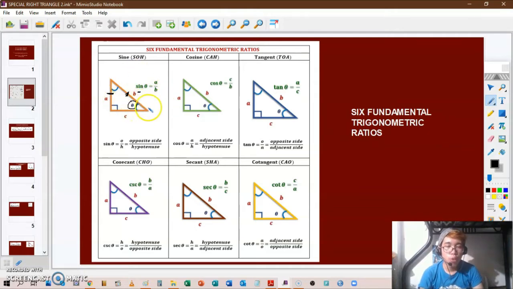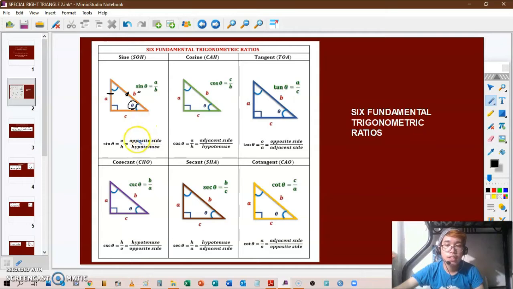So the formula for the 6 fundamental trigonometric ratios always depends on where the theta is found, or its relative position. The relative position of theta is important in determining the formula for our given fundamental trigonometric ratio.